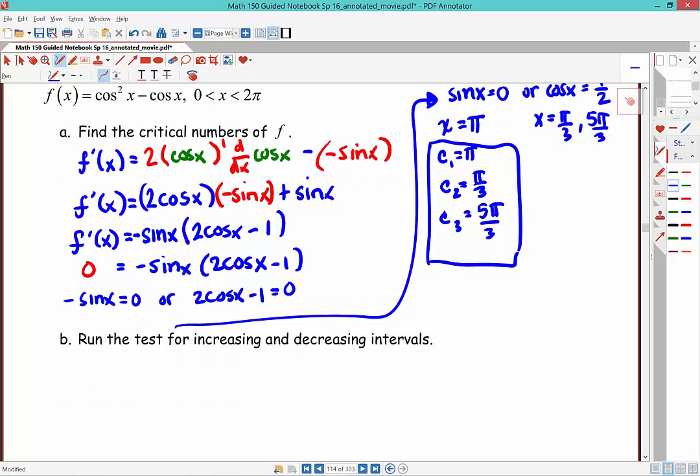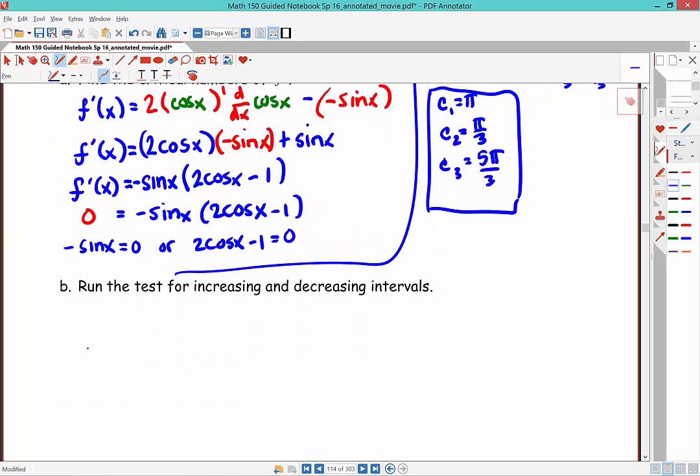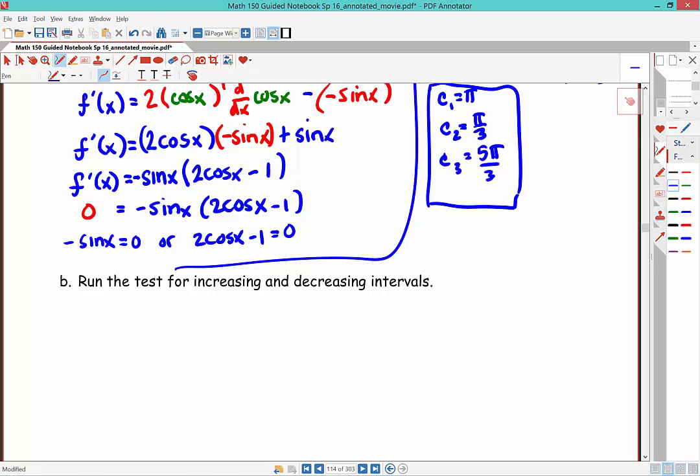All right, so running the test for the increasing and decreasing intervals, we make our number line. And what else? We divide that number line up by the critical numbers. Actually, should I have made a number line with arrows at the end?